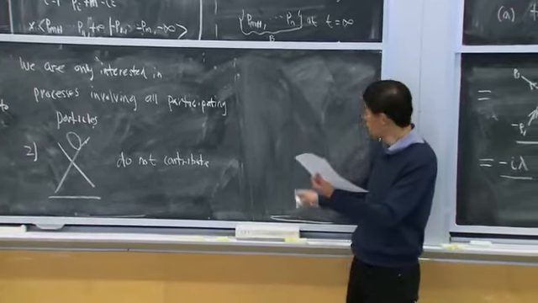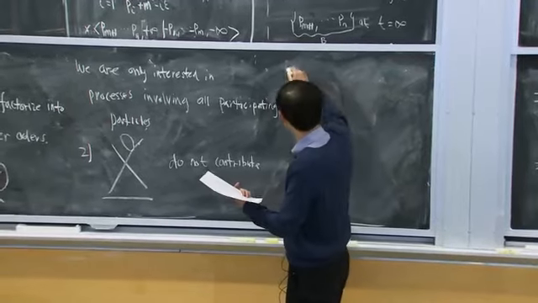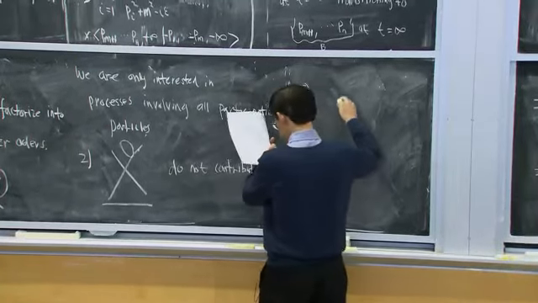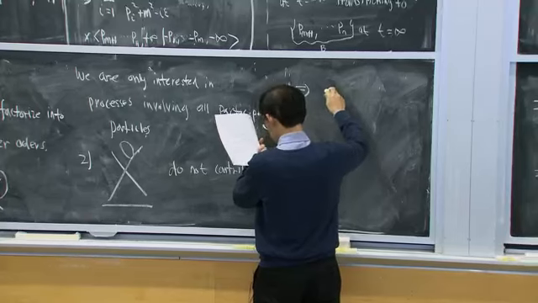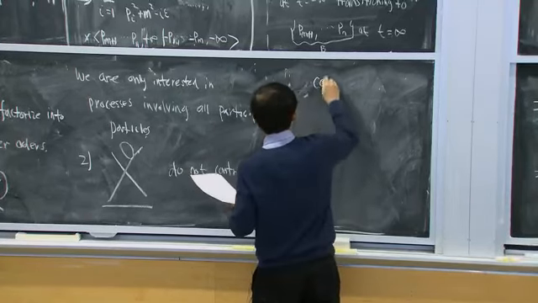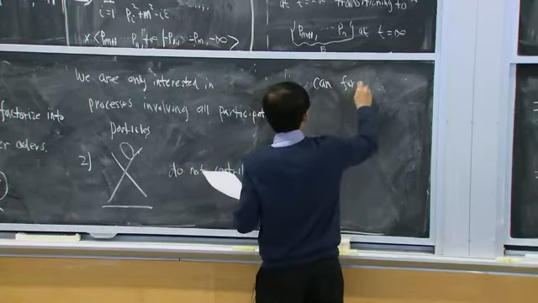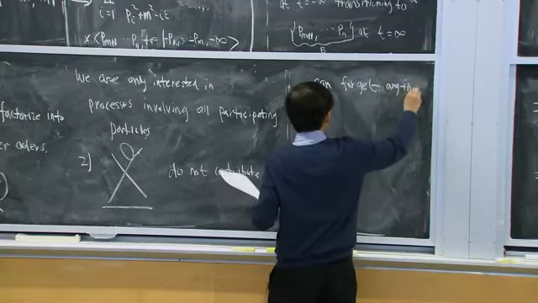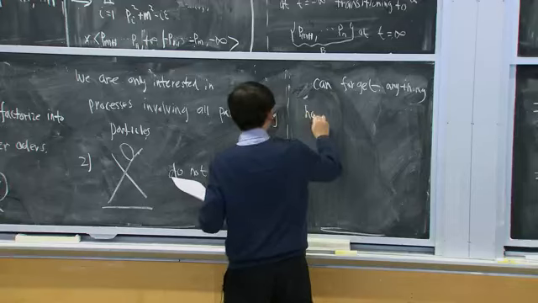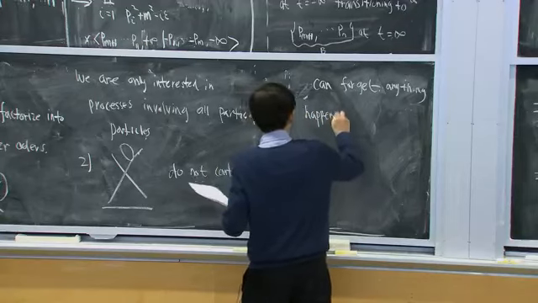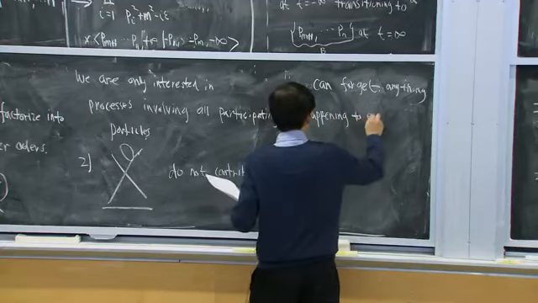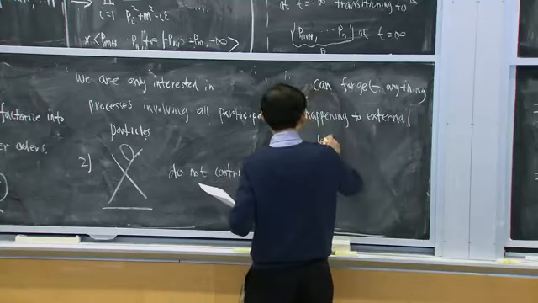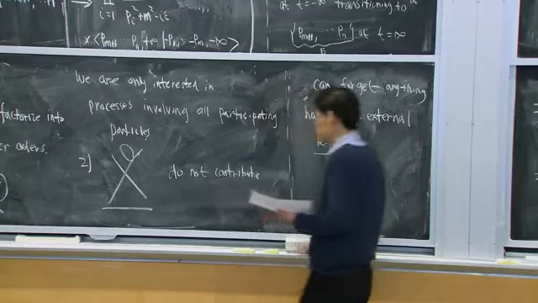So with these two remarks, it means that for the scattering amplitude, you can forget anything happening to the external legs. You can have complicated things happen to external legs, but they don't matter.